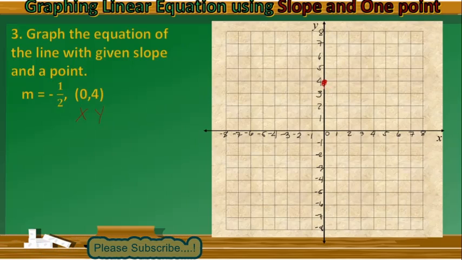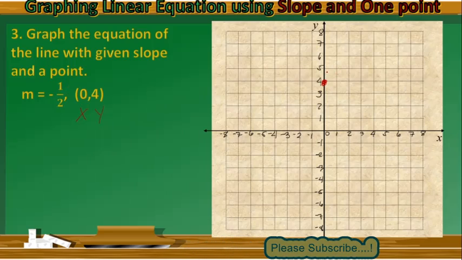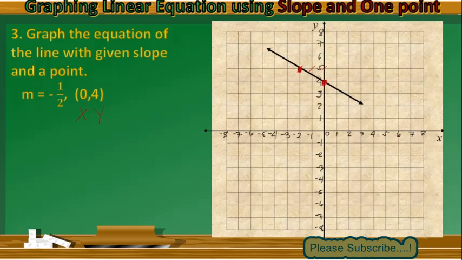Then our rise is 1 step, 1. Then our run is 2 to the left because it is negative. So 1 and 2. So this is the second point. To connect, that will be our graph for number 3.